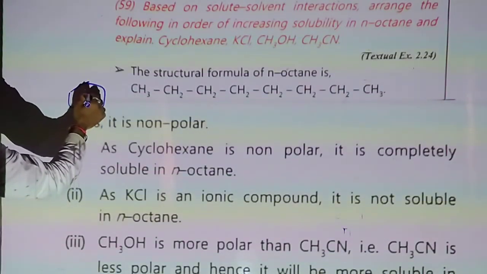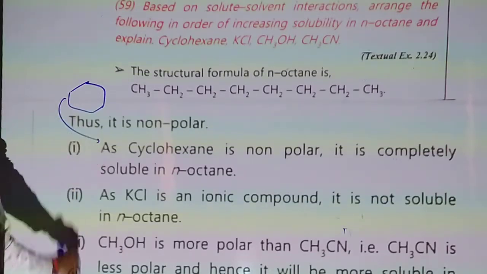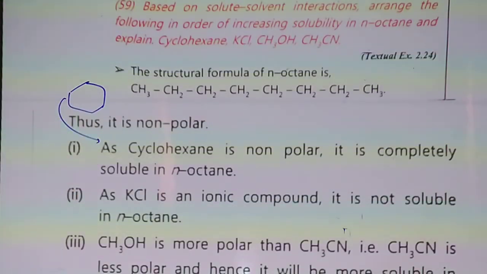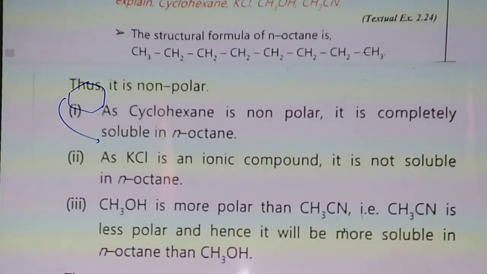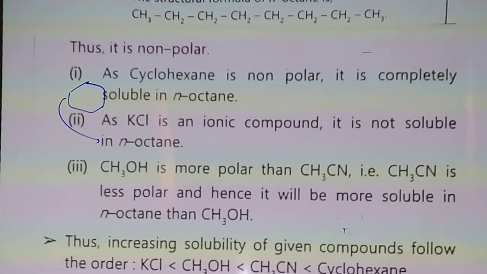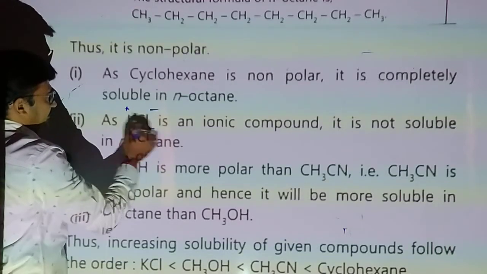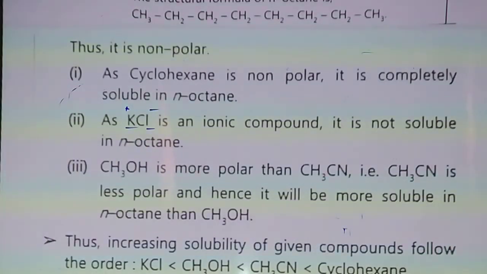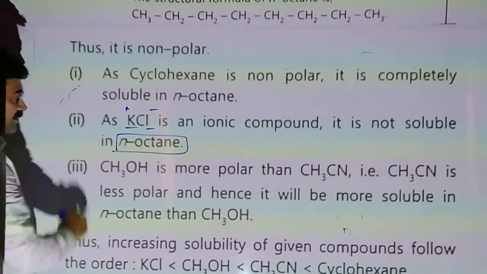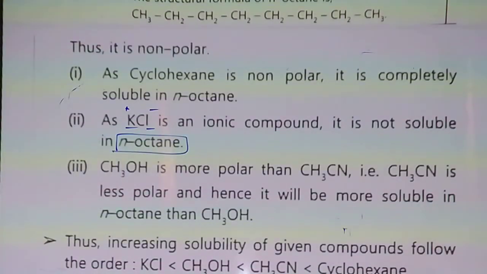Cyclohexane is non-polar, so non-polar easily dissolves in a non-polar solvent. KCl is an ionic compound. It is not soluble in normal octane. Why? KCl is a completely ionic compound, and normal octane is non-polar, so non-polar and polar never mix in each other.